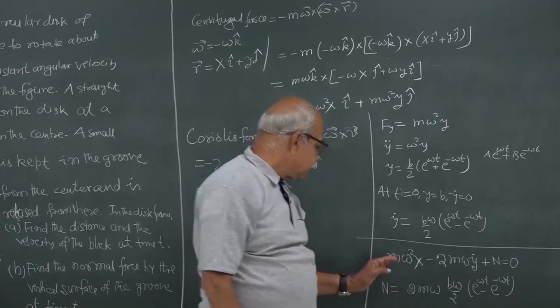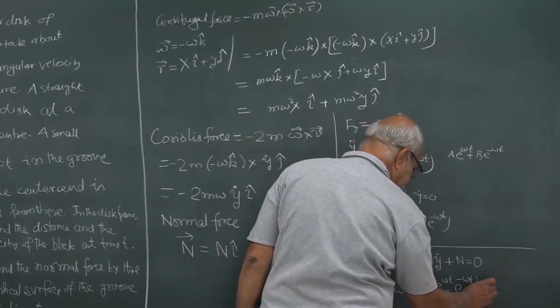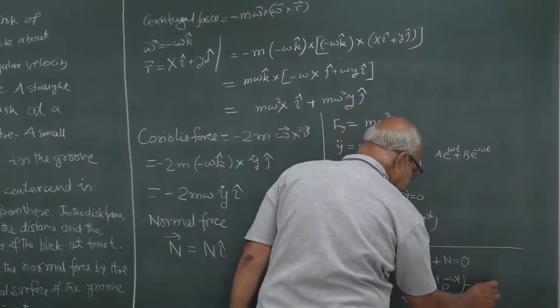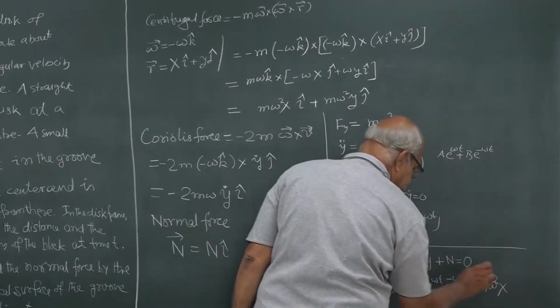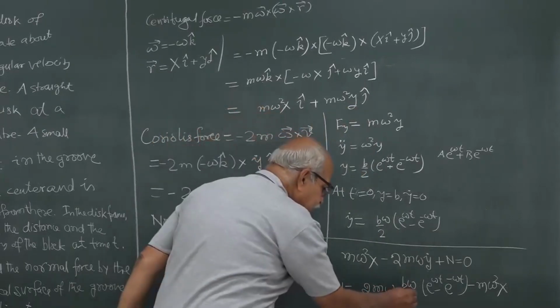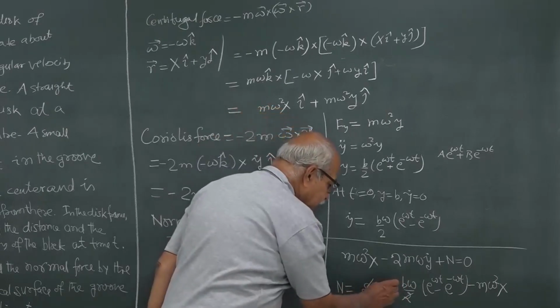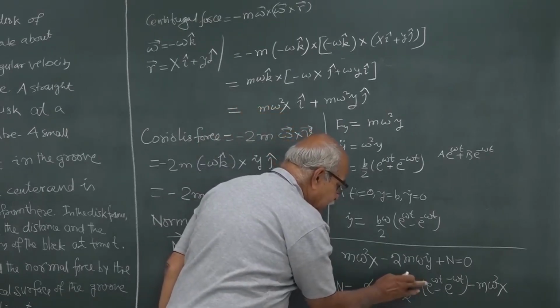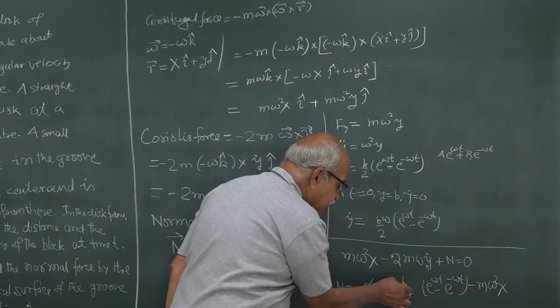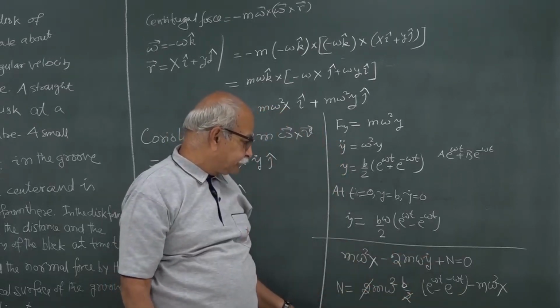And from here it is minus m omega square times x. So, that is the equation, you can cancel this 2 here, this omega can be put here, omega square, and you can make some simplification, and this is the normal force.